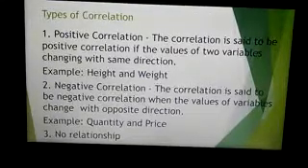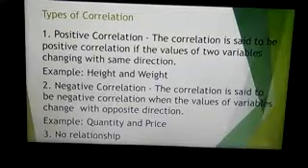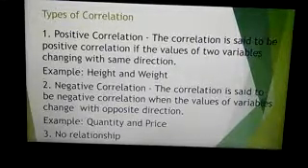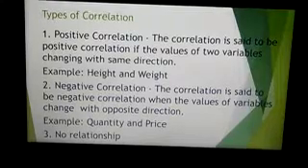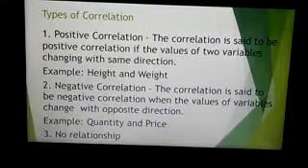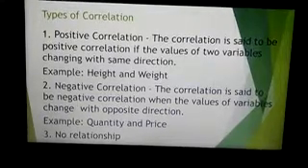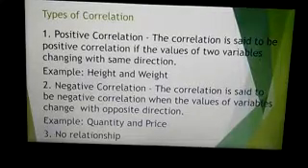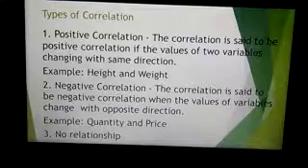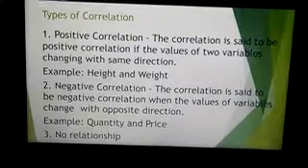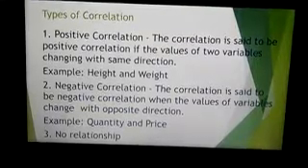The next type of correlation is what we call negative correlation. The correlation is said to be negative when the values of the variables change in opposite directions. So when one variable increases and the other variable decreases, the correlation is negative. For example, the quantity and the price.